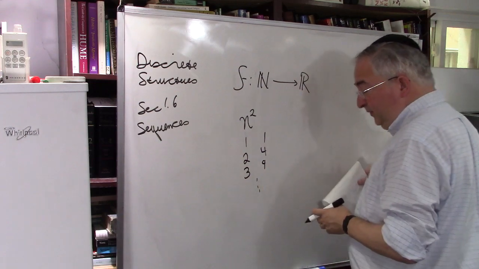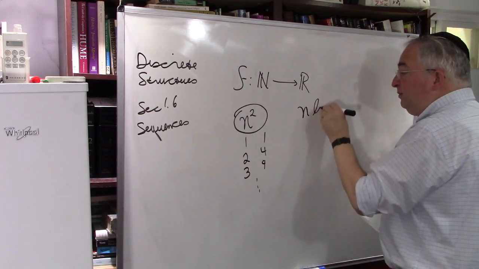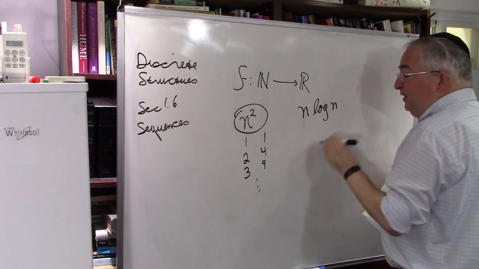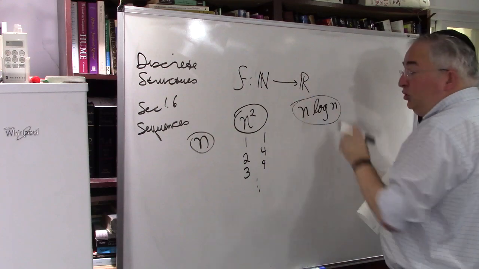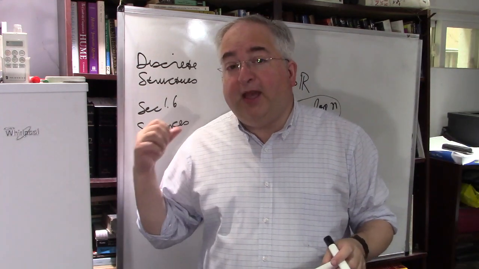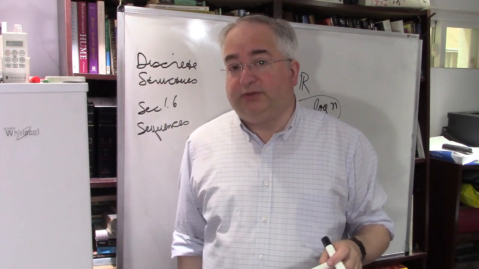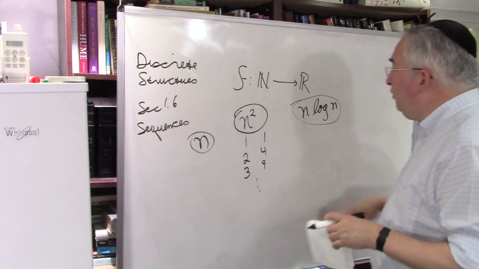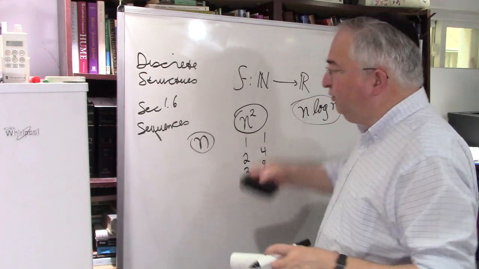etc., etc. Okay? Some algorithms work at this speed, some algorithms work at this speed, some algorithms work at this speed, and you describe algorithms by these types of functions, these sequences of numbers. So these functions show up as ways of helping you describe how efficient algorithms are.